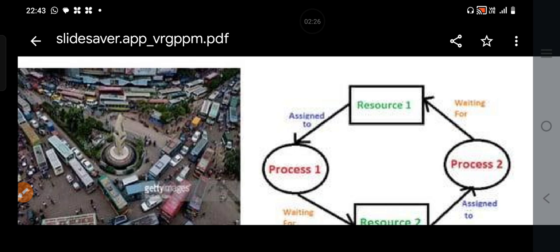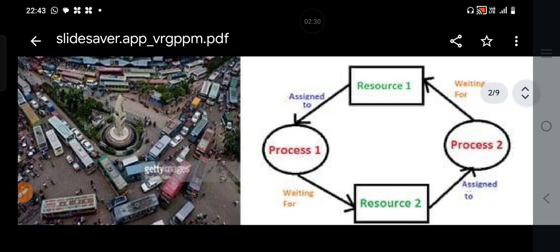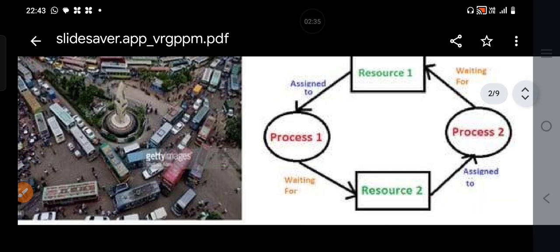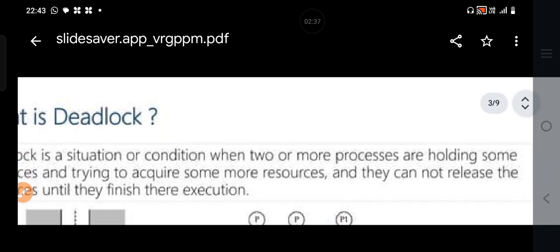The engaged line means a deadlock has occurred. Both persons are calling each other, so they cannot communicate with each other. So this is a deadlock condition.